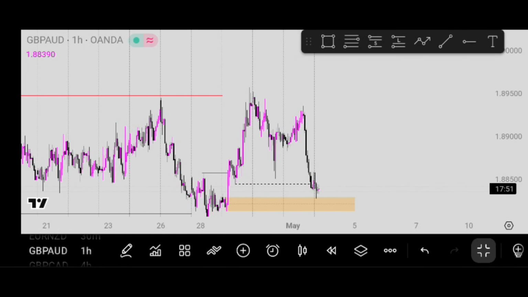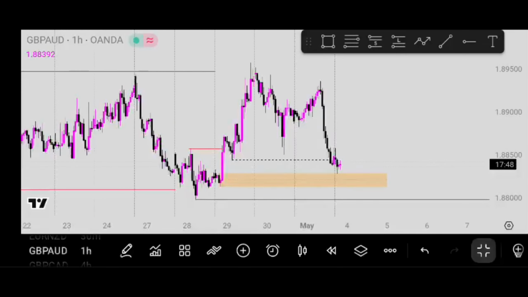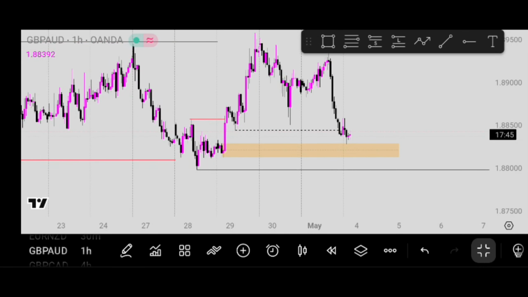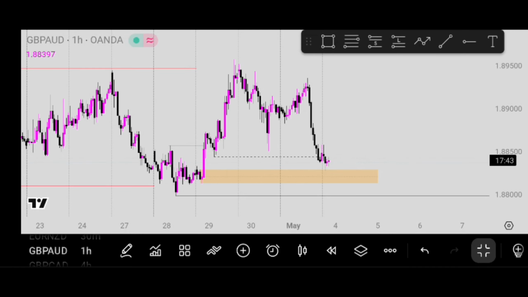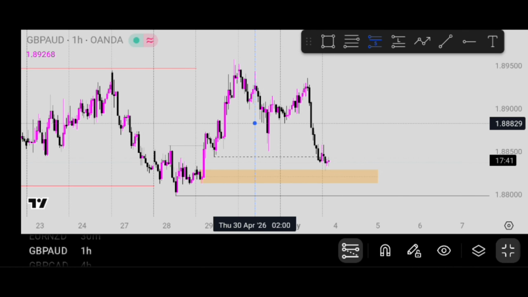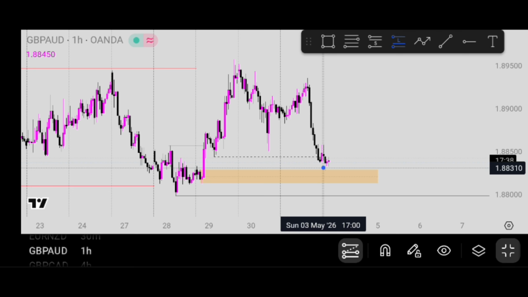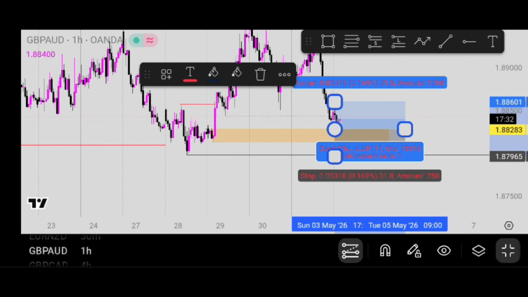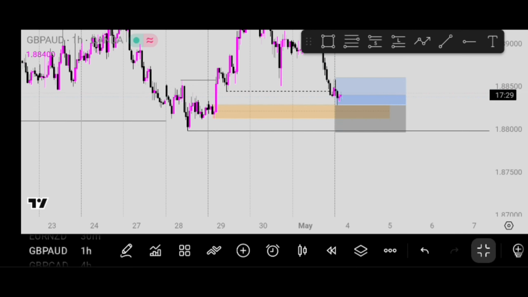And if that is it, we are going to have our order here, a long order. So we are going long on the GBPAUD.